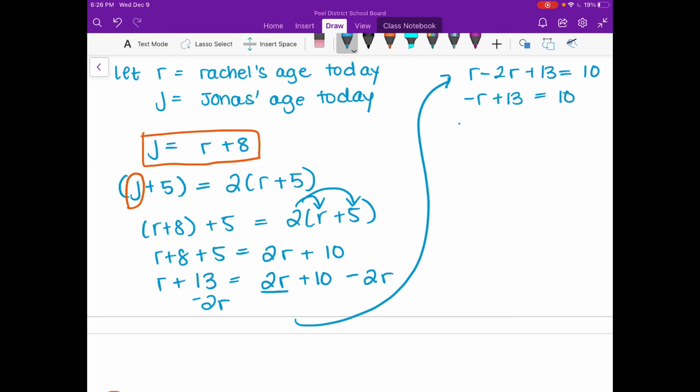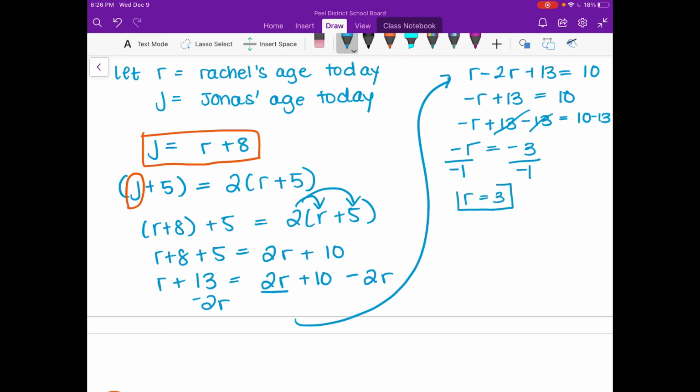Now I want to get that negative R by itself, so I'm going to get rid of the 13. So minus 13 on both sides: 13 minus 13 cancels out, and negative R is equal to 10 minus 13, which is just negative 3. You can't have a negative age, so I'm just going to divide by negative 1, and I'm given R is equal to 3.